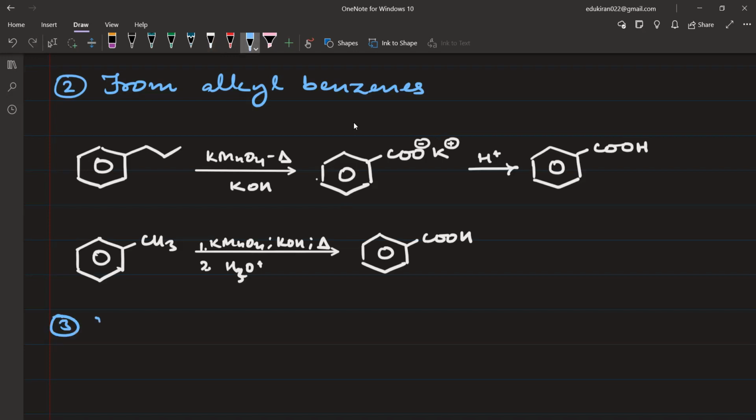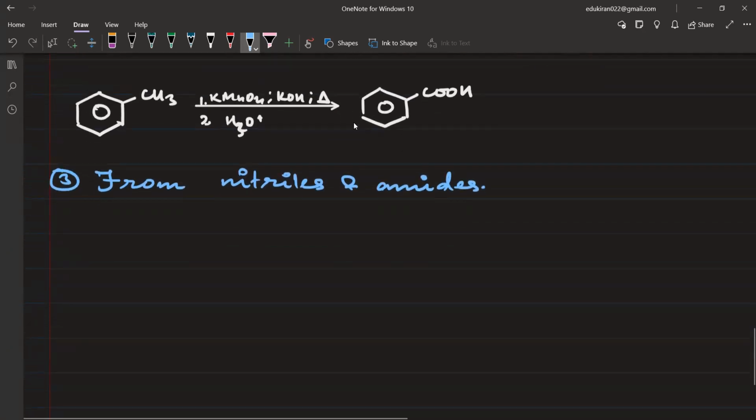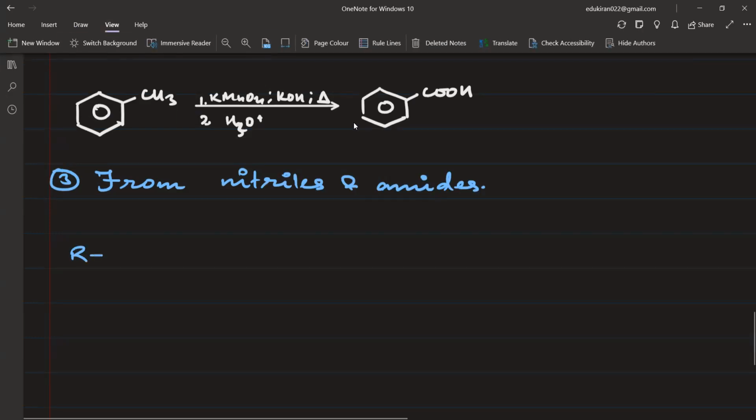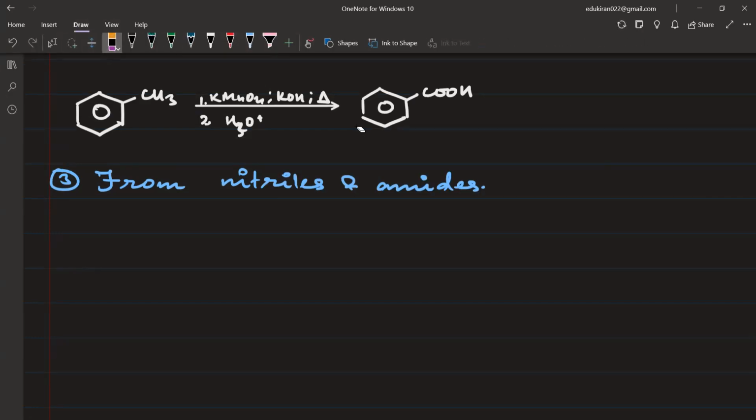Right, the third one, from nitriles and amides. From nitriles and amides. In the case of nitriles, if you have R, C triple bond N plus H2O.